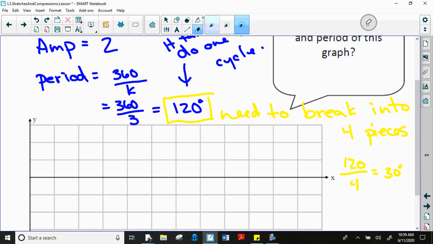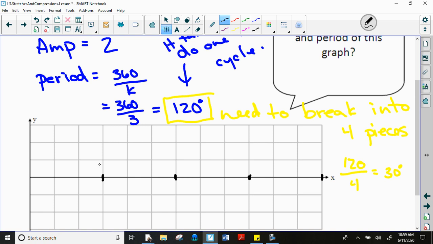I'm going to pick the largest one. I'm going to make use of my entire graph, number 1, because I'm better at graphing when they're farther apart. Number 2, it's 30 degrees, so it's nice to bump these into 10, 20, 30, 40, 50, 60, 70, 80, 90, 100, 110, 120.